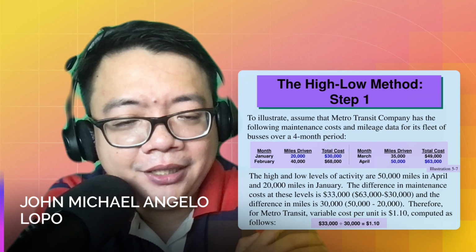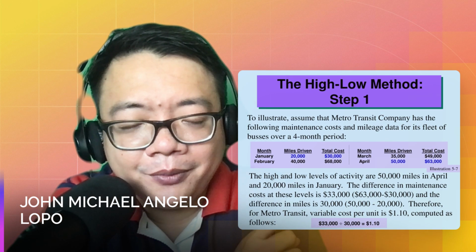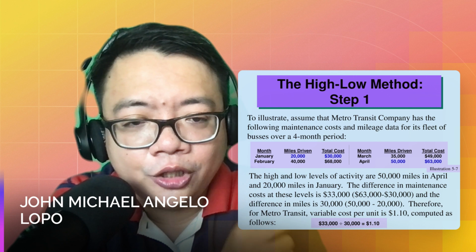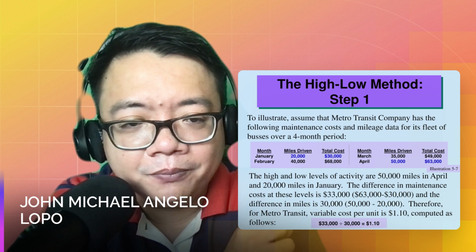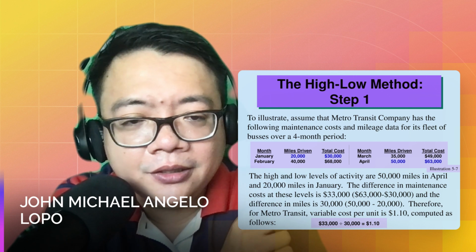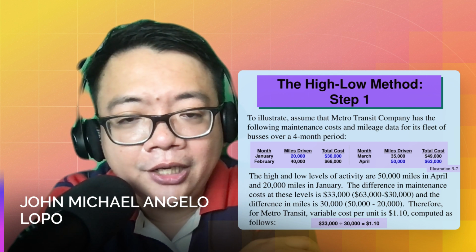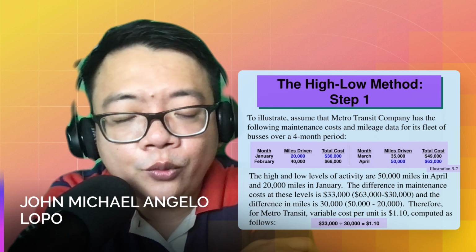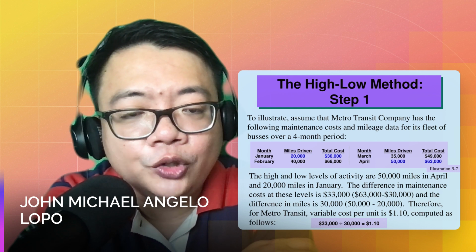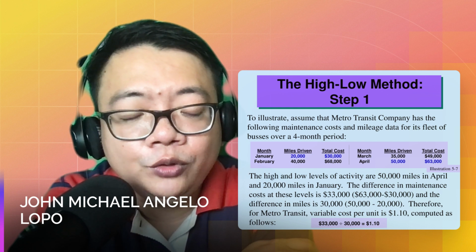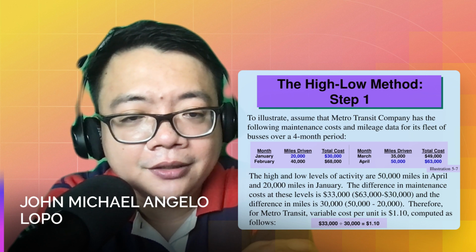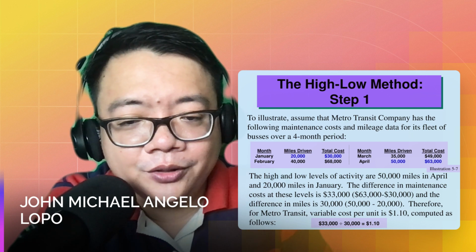What is our formula, class? Number 1, the cost of the highest activity. Get first your highest activity. The activity is miles driven: 20, 40, 35, and 50. What would be your highest activity? Very good.